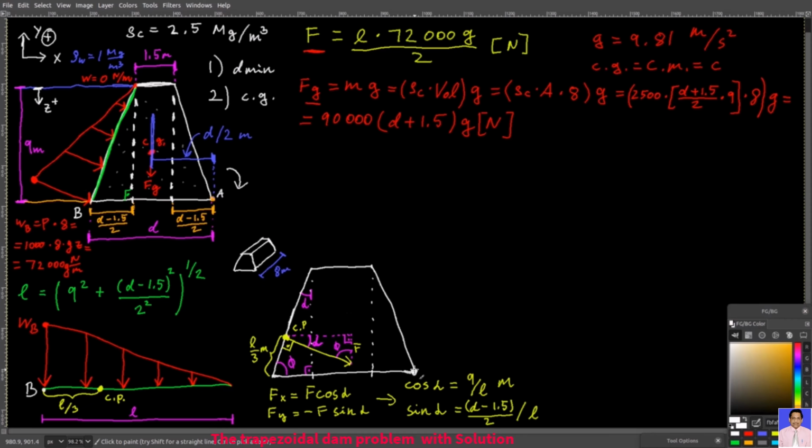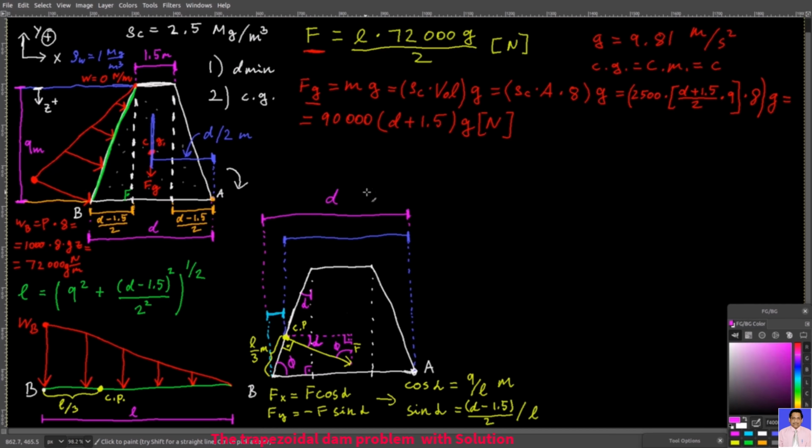Now, if this is our point A, then we need to find the horizontal and vertical distances from the center of pressure to point A. So first, let's find this horizontal distance. Essentially, you have this distance, and then from point B, you have this distance here, and you know that in total you have d meters.